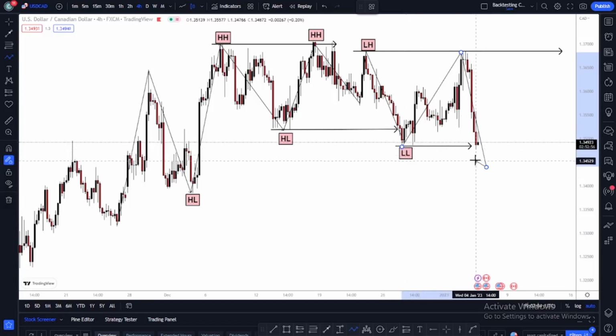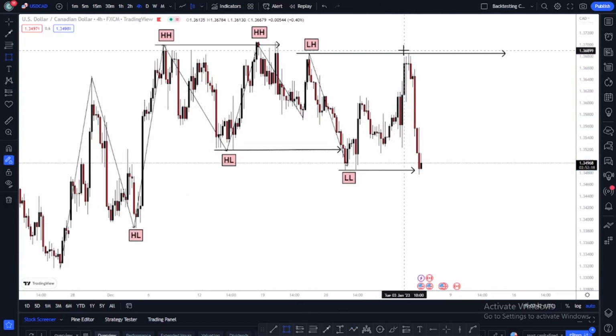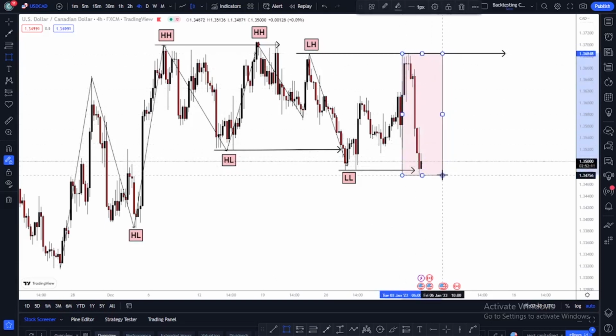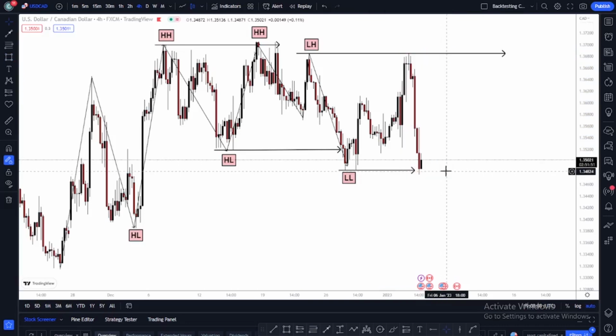That's why I'm not considering it as a lower high. So what I'm about to teach you today is how I was able to catch this move right here, this bearish move.